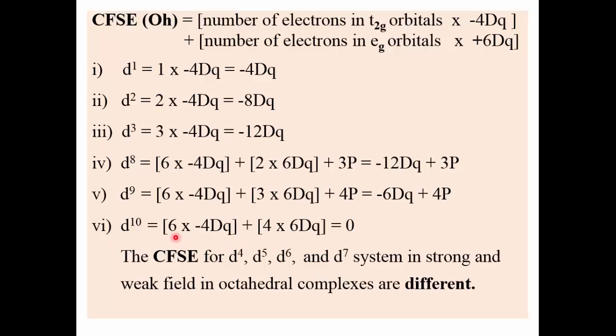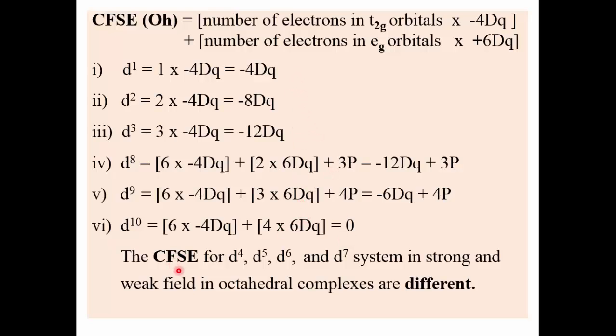That means 6 electrons are in the t2g orbital, therefore 6 into minus 4dq plus 4 into plus 6dq, which becomes 0. Minus 24dq plus 24dq is equal to 0. Followed?